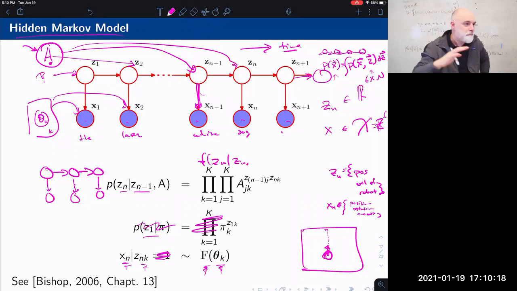We're going to mechanize all of the inference steps, but in your head, I need you to draw these kinds of pictures and be able to think from application to graphical model to program to inference task, right?